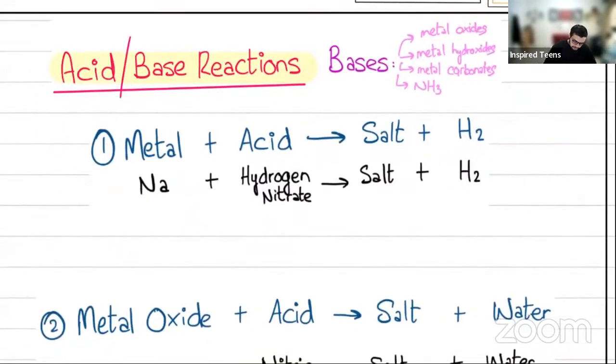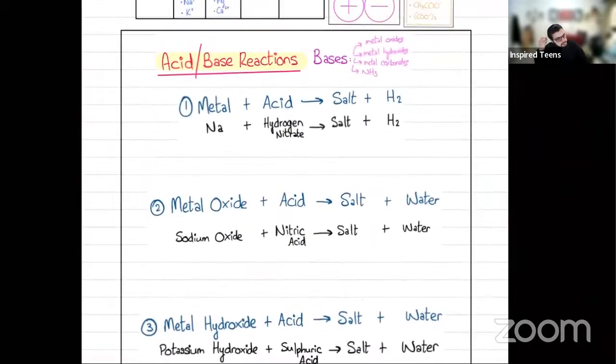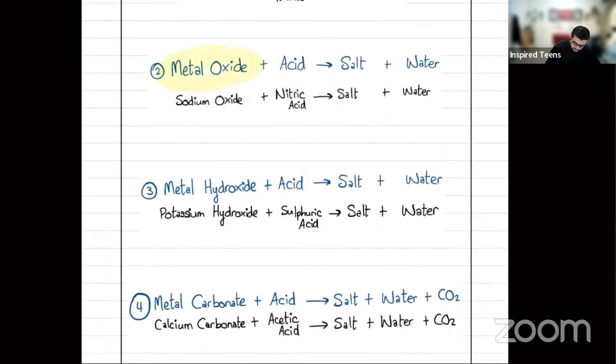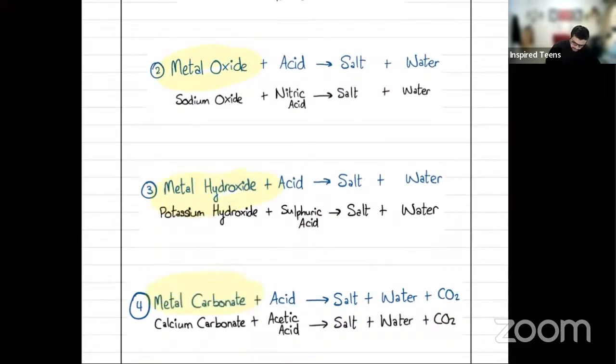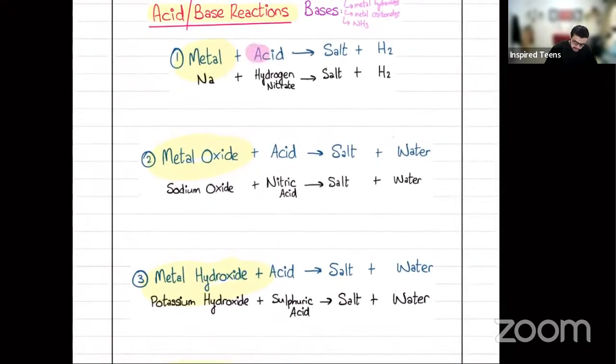In all of these reactions, there are 4 types, and we have something to do with a metal. We have a metal oxide, a metal hydroxide, and a metal carbonate. These are our bases, and then we have acids.